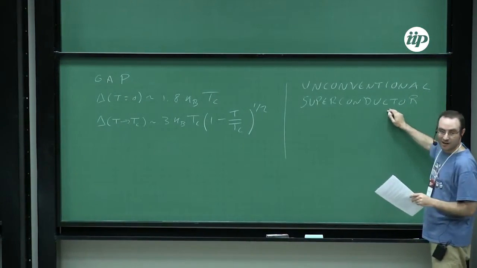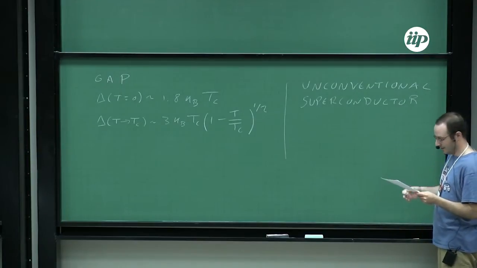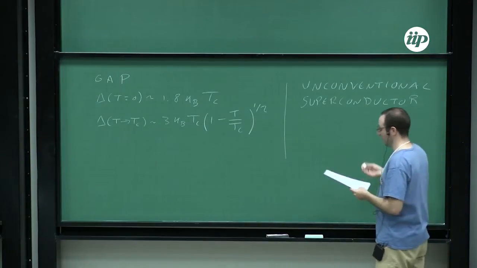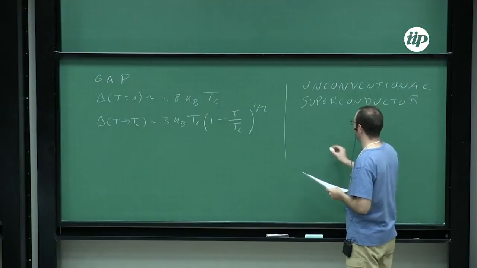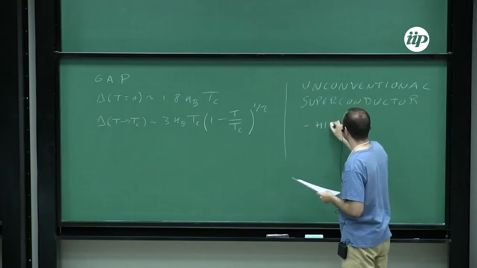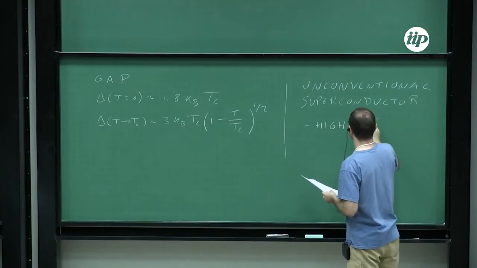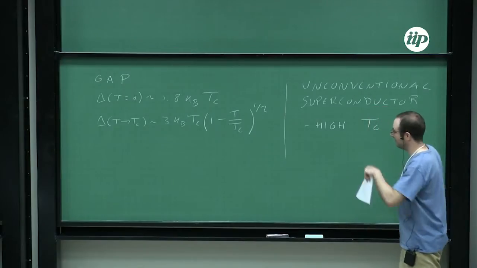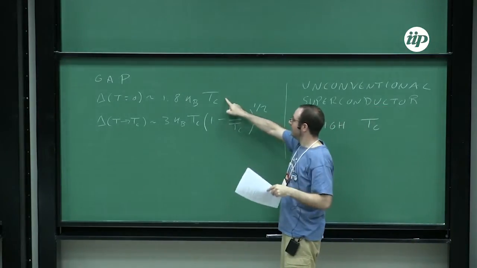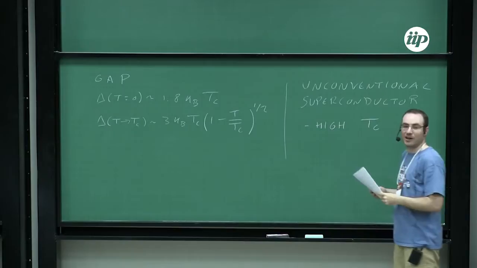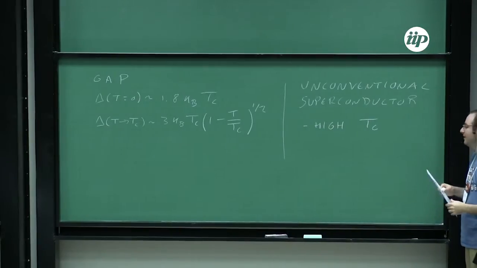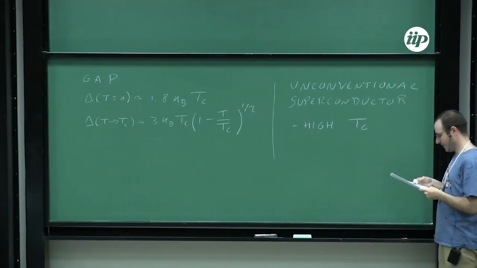Some of these unconventional superconductors are interesting for technological applications because they have high Tc superconductivity, meaning that this critical temperature is much larger than the ones you will have in a conventional superconductor under the same conditions.